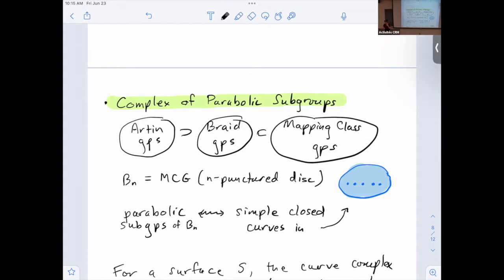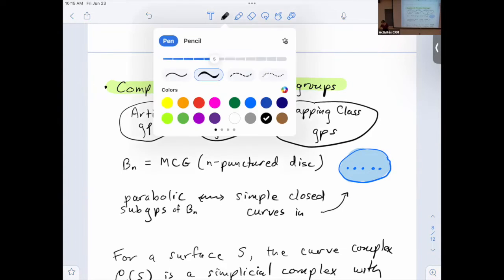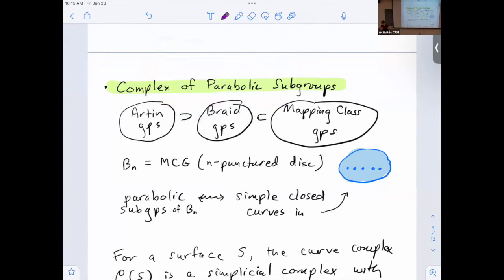And it turns out that you can show that simple closed curves correspond to parabolic subgroups. So, for example, if I were to circle this, that's a simple closed curve. The parabolic subgroup is going to be mapping class stuff that takes place entirely inside this, where I don't move anything.